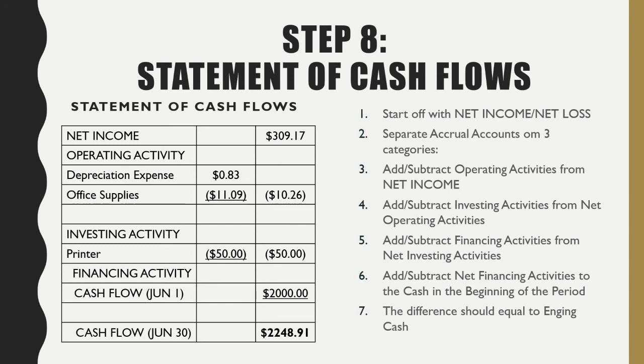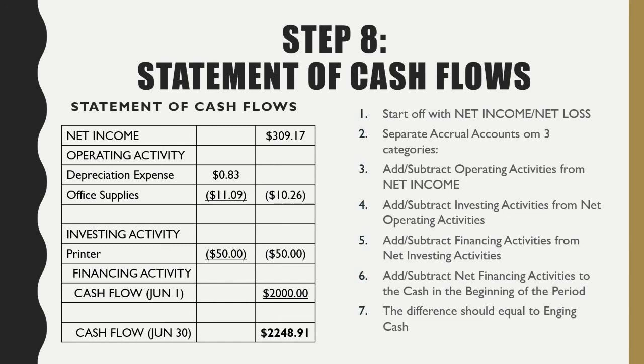Your fixed assets are going to be your investing activities, right? Because you purchase equipment for a reason, to add value to your company, but also to invest into the operations of your business, right? So that's why we're going to separate your fixed assets into the investing activities.